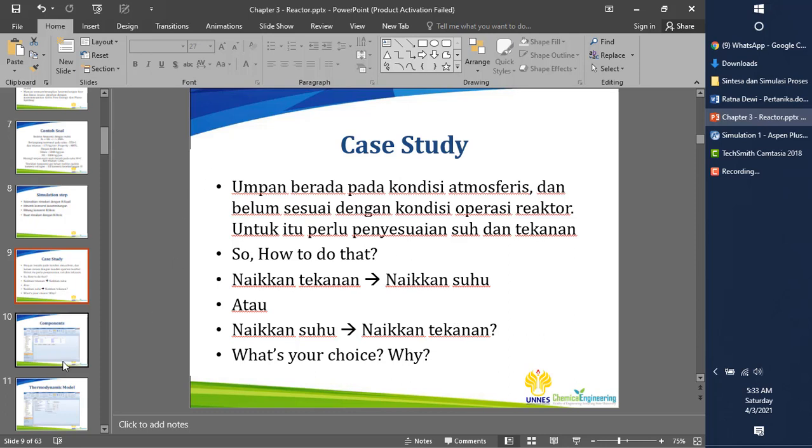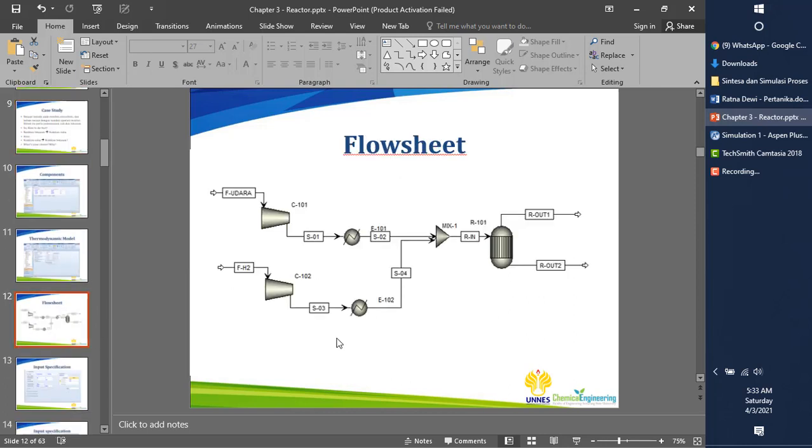And in this simulation I already showed you that the most effective one is increasing the pressure first, and after that you follow by increasing the temperature. So this one is more effective compared to increasing the temperature first and followed by increasing the pressure.